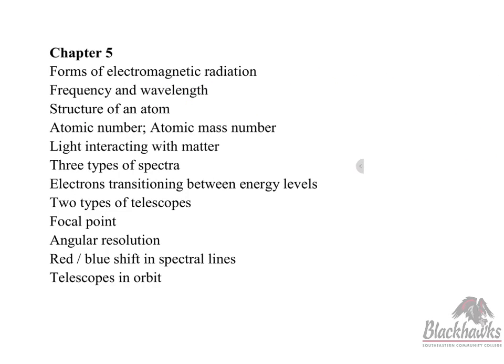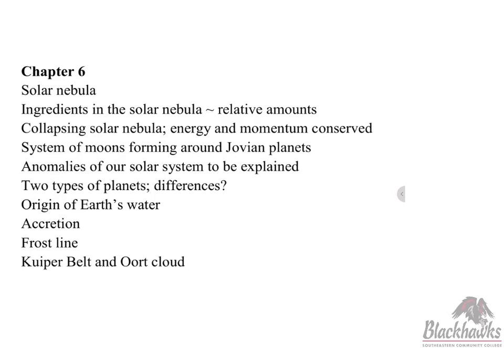Okay, I don't have the others made, so here we go. The moons forming around the Jovian planets. So do you remember in your book where we saw the sun was starting, it hadn't turned on yet, and we kind of had dust in our solar system, plane of the ecliptic.